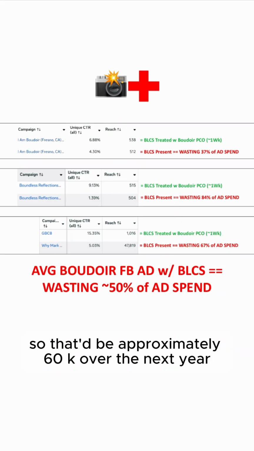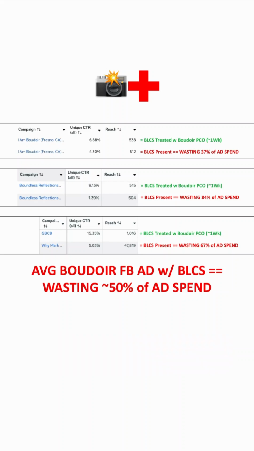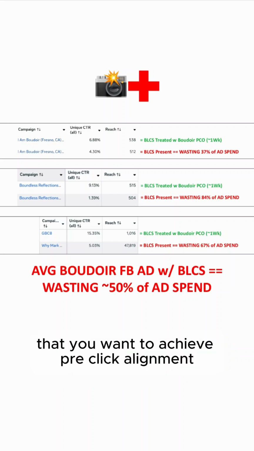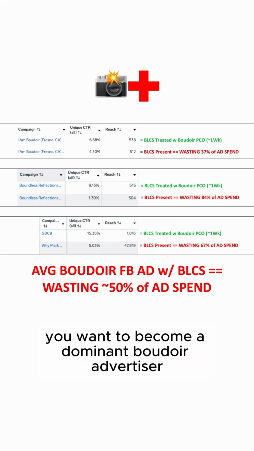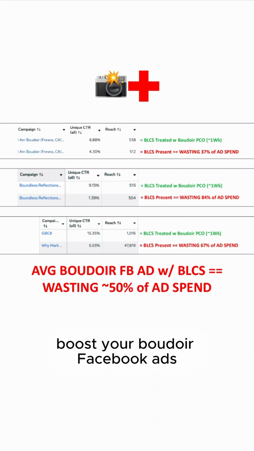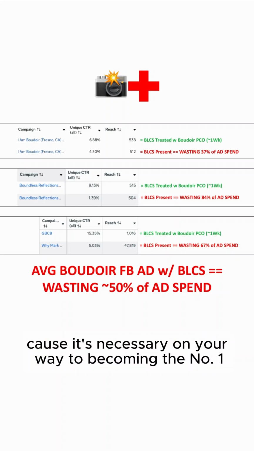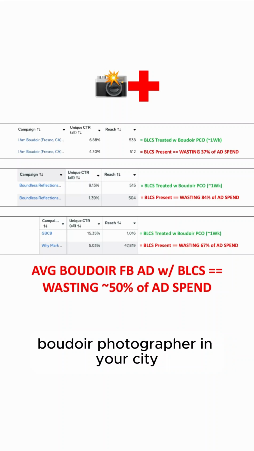So that'd be approximately 60K over the next year. And you decide that you want to achieve pre-click alignment. You want to become a dominant boudoir advertiser. You want to achieve boudoir brain entry boost for your boudoir Facebook ads, because it's necessary on your way to becoming the number one boudoir photographer in your city.